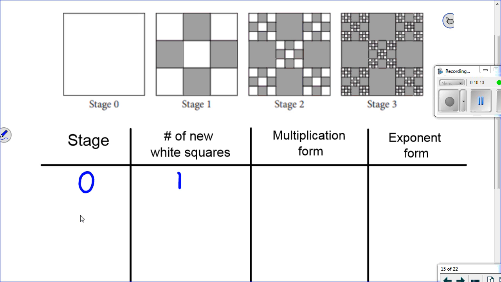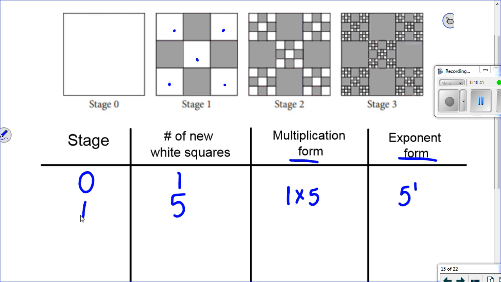Again, I forgot to do this before, but I'm going to leave this multiplication form and exponent form blank for a moment for stage 0, and then I'm going to go back. Multiplication form, that's just going to be 1 times 5. Right? In exponent form, 5 to the first power is just 5.